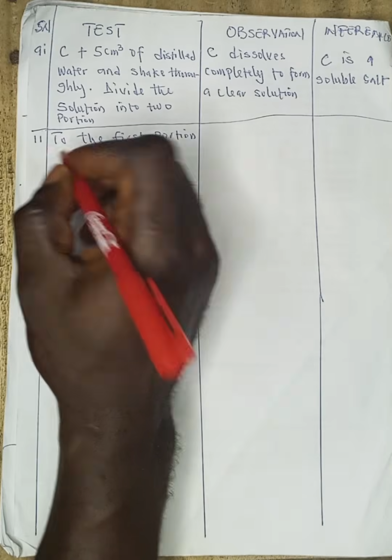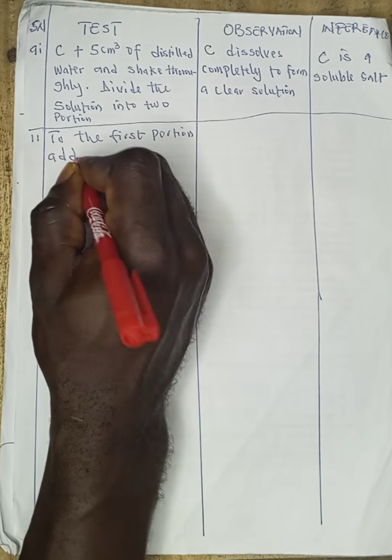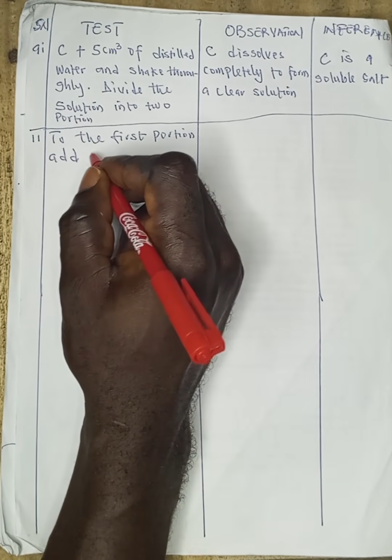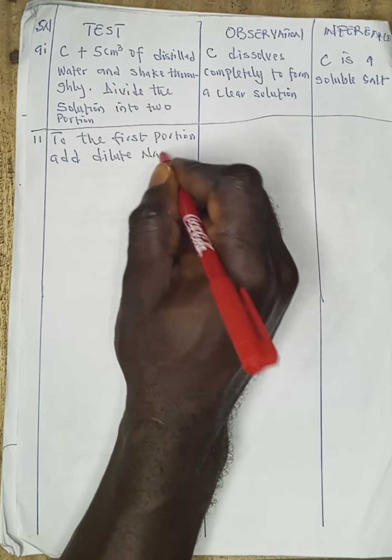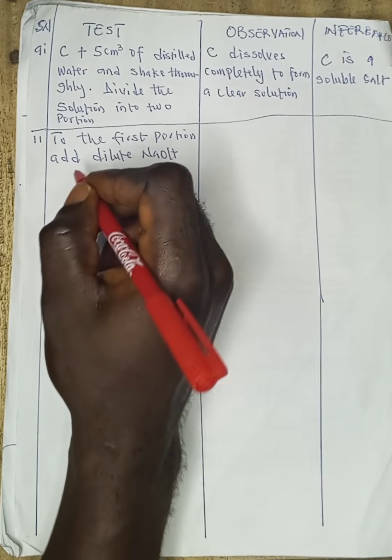To the first portion, you should add dilute sodium hydroxide, NaOH, in drops.